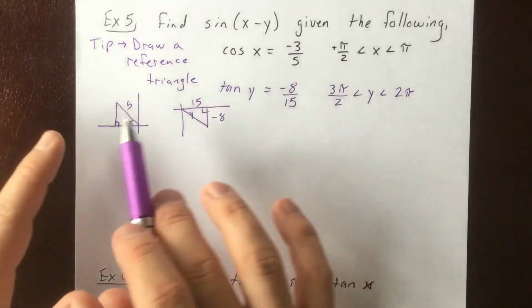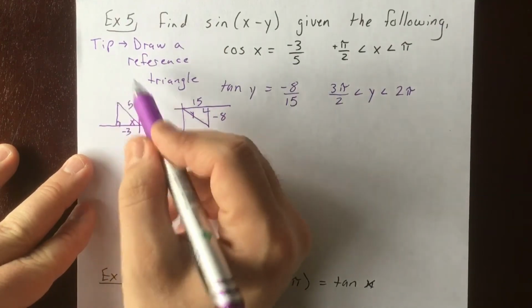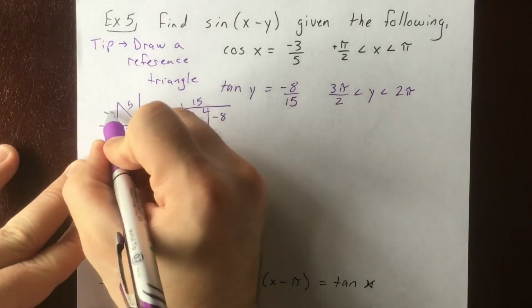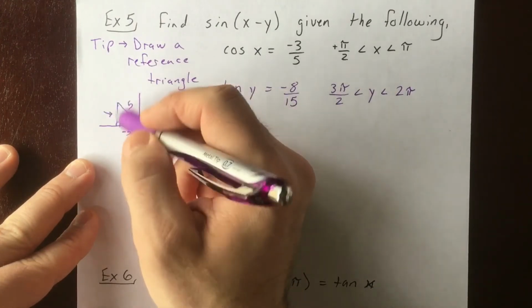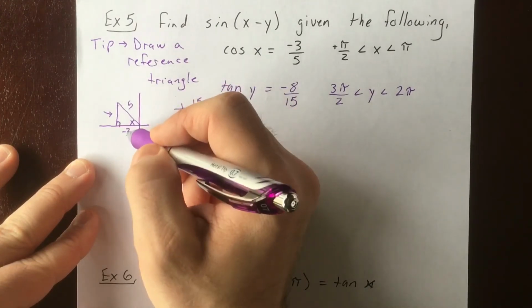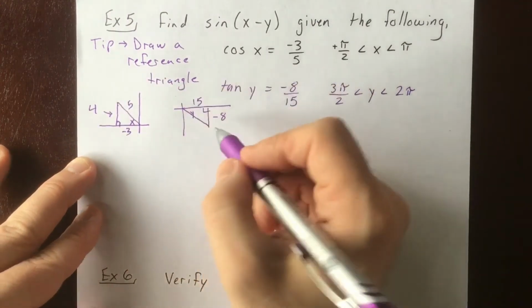So we know with reference triangles, we need to find the third side. This is a Pythagorean triple, which means that if I take 5 squared equal to y squared, or this length, plus 3 squared, we'll get 4. And the same can be said here.